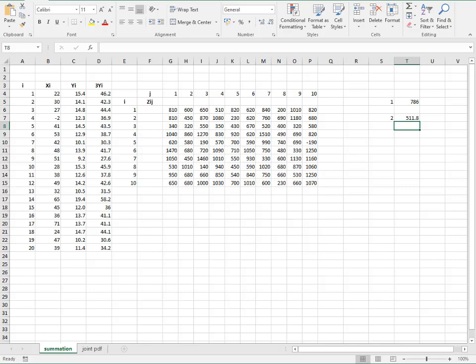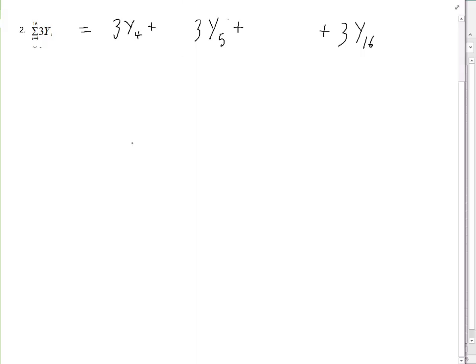However, that's probably not the quickest or the neatest way of doing it, because it's probably quicker to notice that, in actual fact, we could take this out as a common factor, because every single element is being multiplied by the same constant, plus y16.